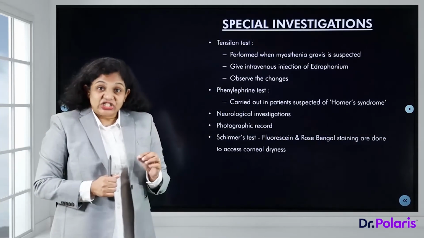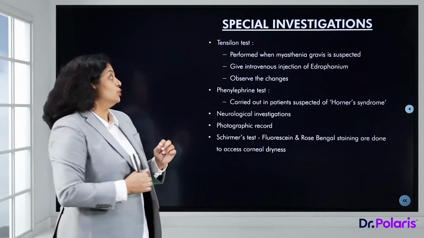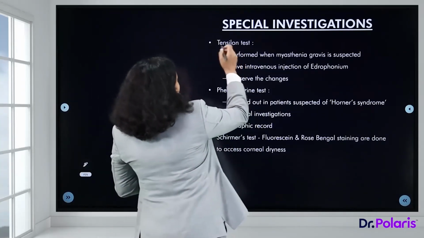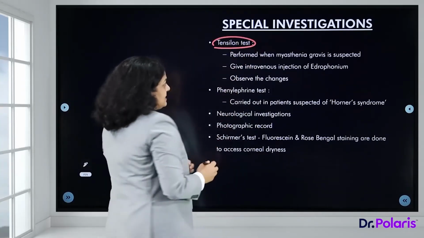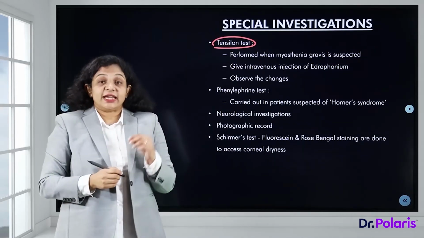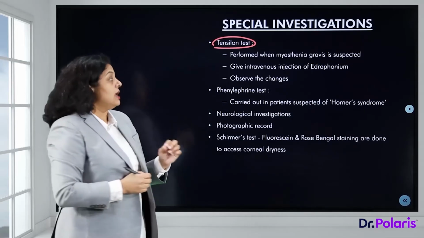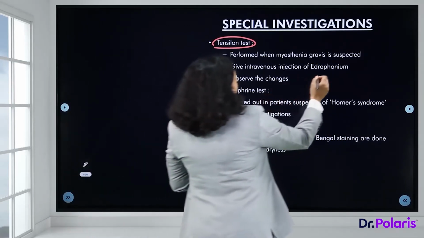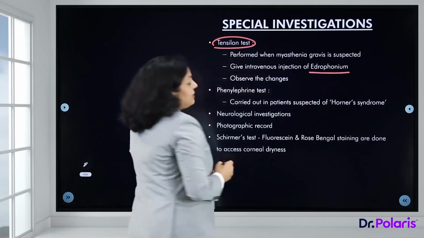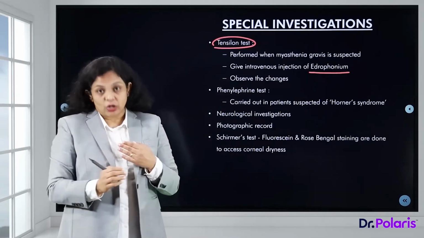What are the special investigations that we will do? The first one is the Tensilon test. This is done when we suspect the patient has myasthenia gravis. We give an injection of edrophonium and the changes are observed.